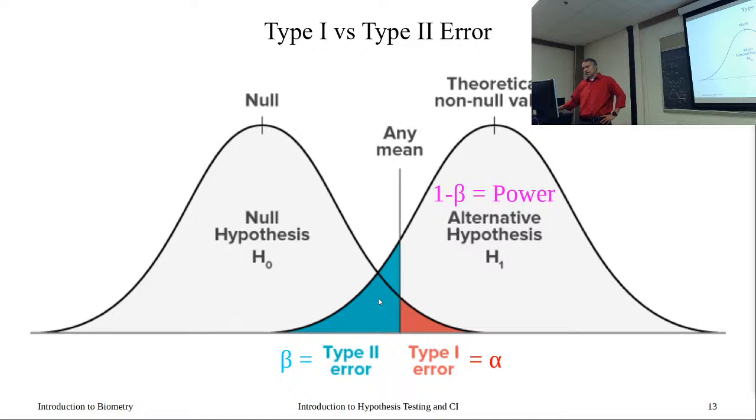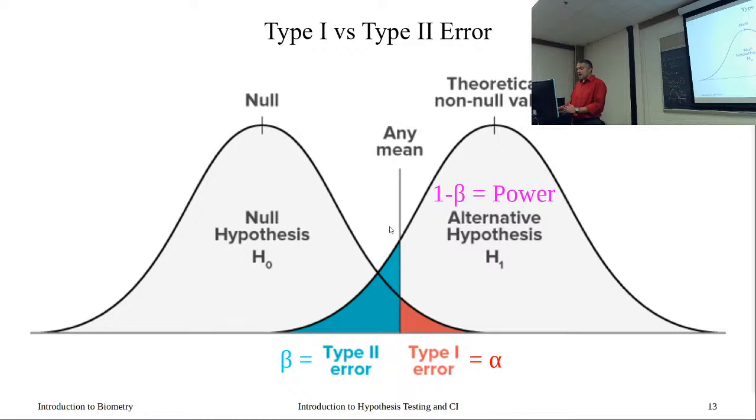And there's one more thing associated with that, and that's power. Power and beta refer to our actual true condition, that alternate hypothesis condition. If beta represents a type 2 error, then power is 1 minus beta. This is our ability to actually detect a difference when a difference exists, rejecting our hypothesis when it should be rejected.